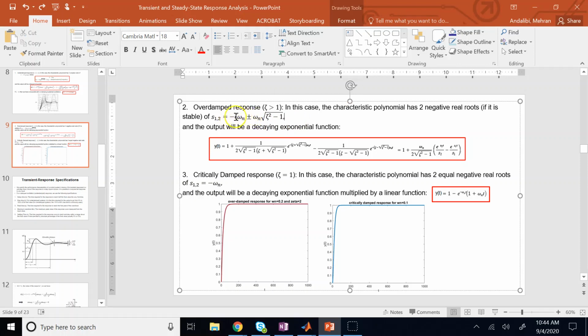Of course, the one that is negative, right? It's like -4 minus 2 and then -4 plus 2. One of them is -2, the other one is -6. So the smaller one, which has this plus sign, is the determining factor. That is going to be the exponent, okay?